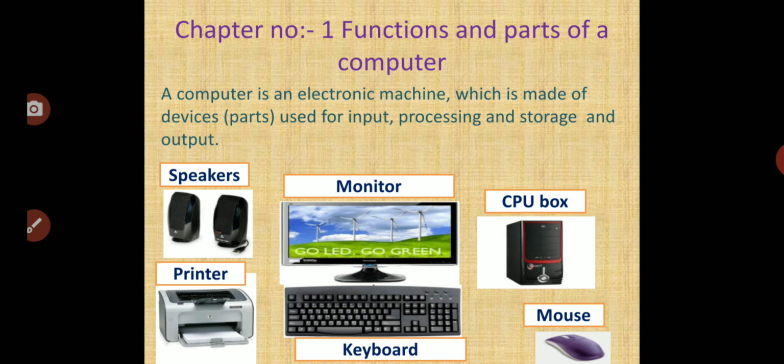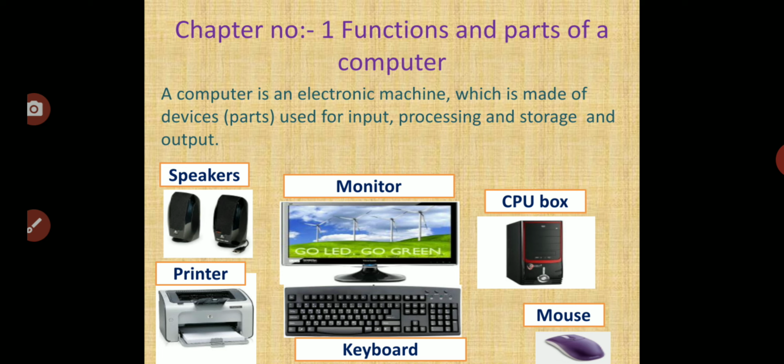Second one, CPU box. CPU box means central processing unit. The CPU box contains the CPU and many other parts that are needed to run a computer. As you know, when you enter the data into the computer, the CPU processes it and gives the output.